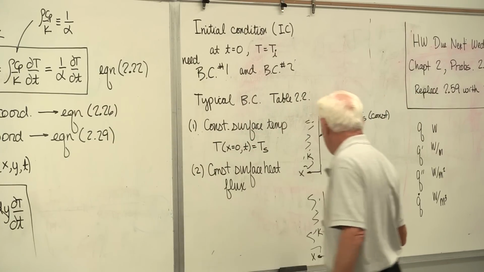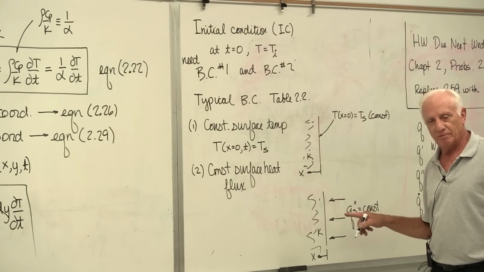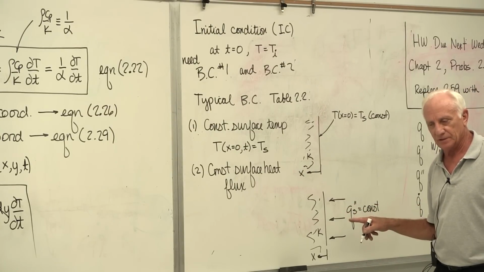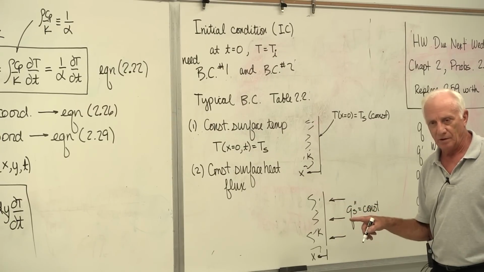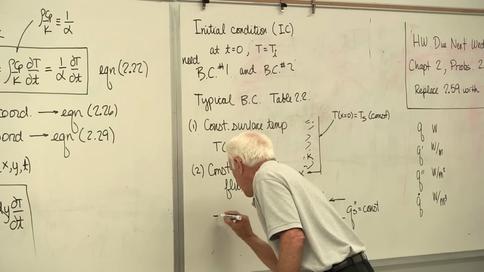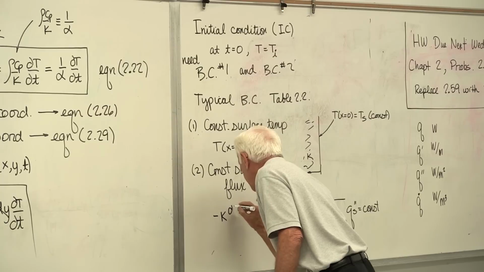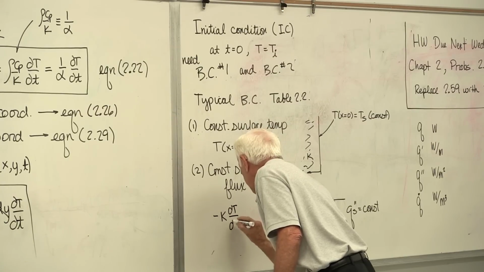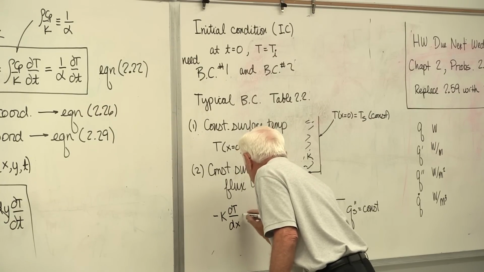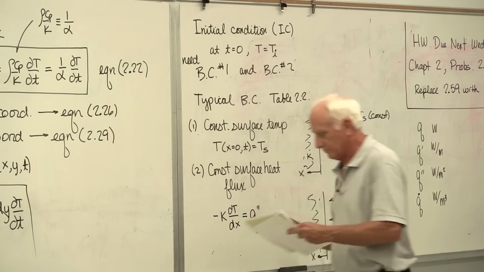So a surface energy balance at the wall tells me the heat provided by the constant heat flux at the wall must go into the wall by conduction. So minus k dT/dx equals, that's the heat flux, q_s double prime.